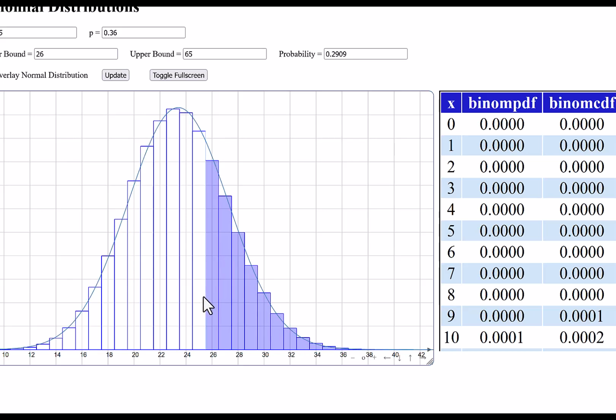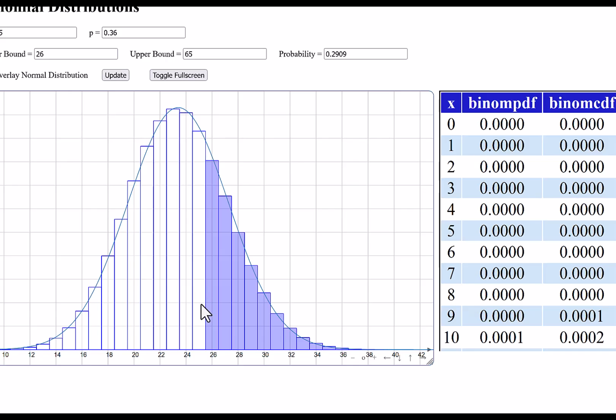If you'll notice, there's a gap between 25 and 25.5. That area is not really included in the binomial distribution calculation. It would be in the normal distribution, and so that's why we need this continuity correction factor.